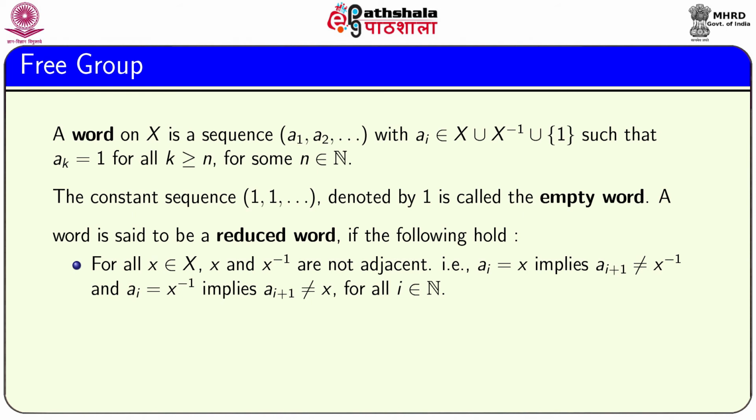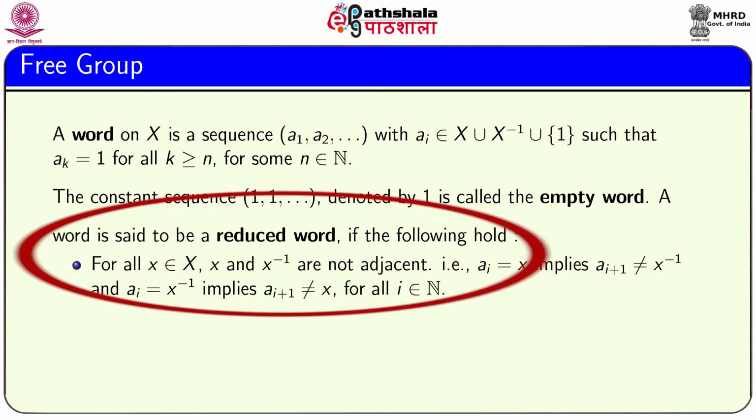A word on X is a sequence a1, a2, etc., with ai taken from X union X inverse union {1}, such that ak is equal to 1 for all k greater than or equal to n for some n belonging to N. The constant sequence 1, 1, etc. will be denoted by 1, and it is called the empty word.